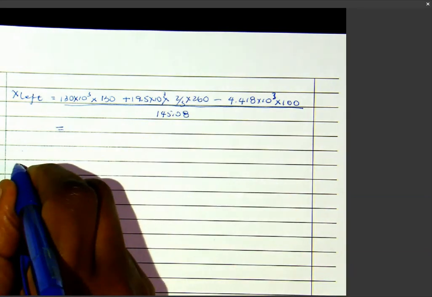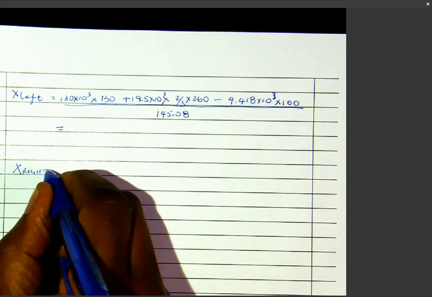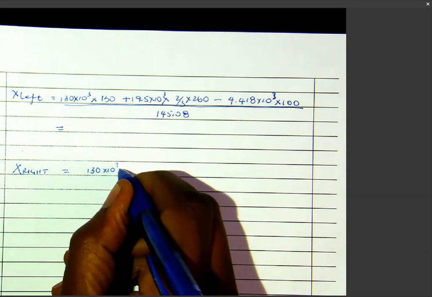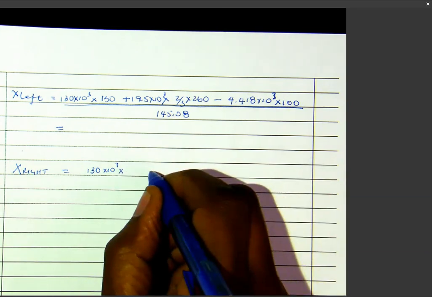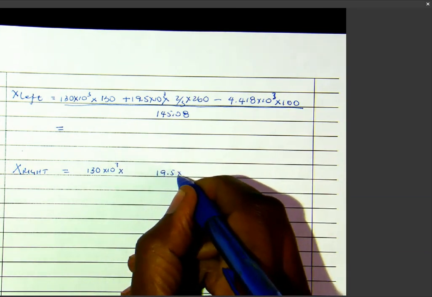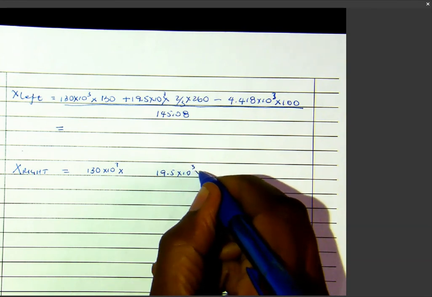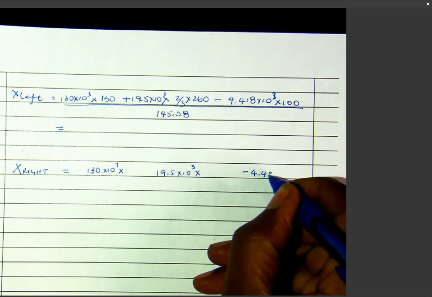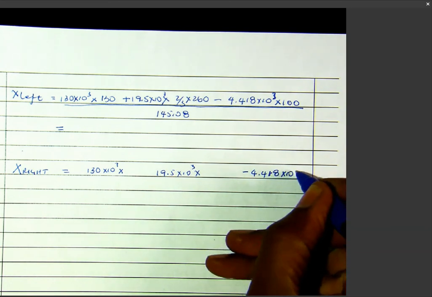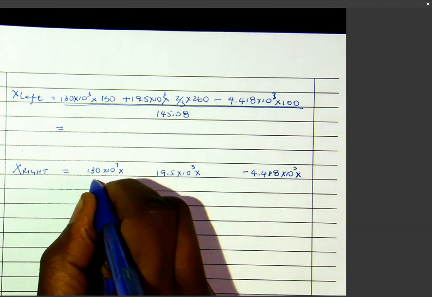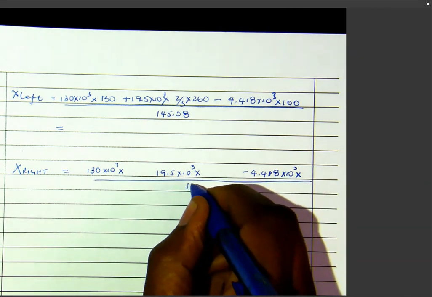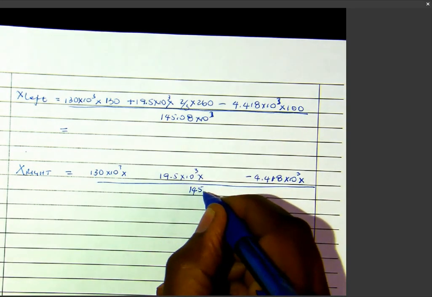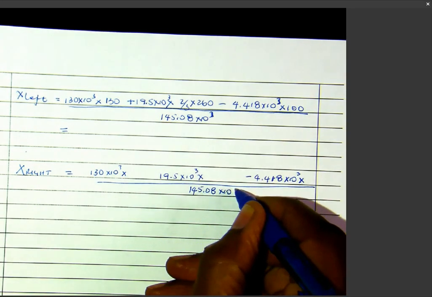Then I'm going to calculate x right. 130 times 10 to the power 3, and then 19.5 times 10 to the power 3, and then minus 4,418 times 10 to the power 3, divided by the total area, 145.08 times 10 to the power 3.